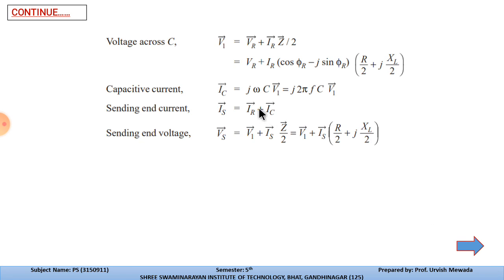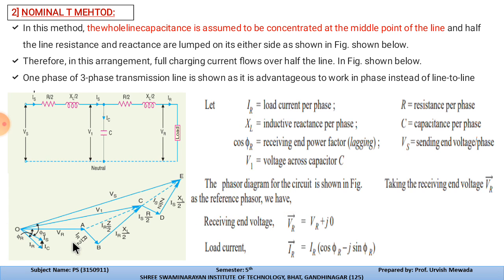Now voltage across the capacitor. Let us see the phasor diagram again. Voltage across the capacitor, this is the V1. So V1 is found with the help of VR plus IR R by 2, then IR XL by 2. Instead of these resistive and reactive drops, we can write IR Z by 2.